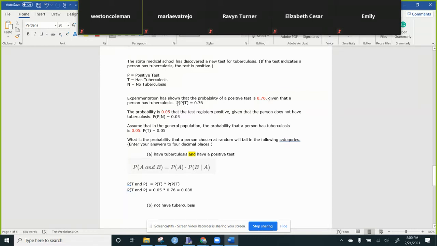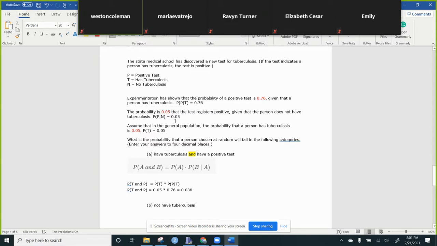So I wrote that as P, the probability of P given T, and I put what that is. Okay. So the probability of 0.05 that the test registers negative, given that the person does not have tuberculosis. Okay. So then I did P, the probability of P given N equals 0.05.